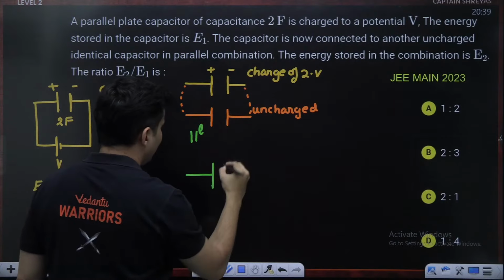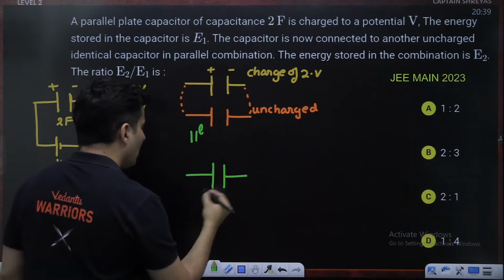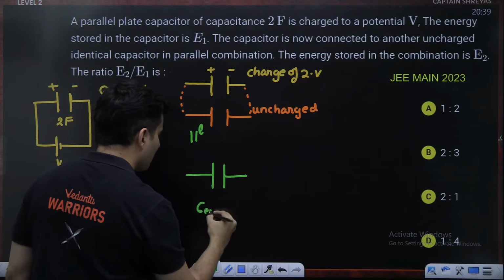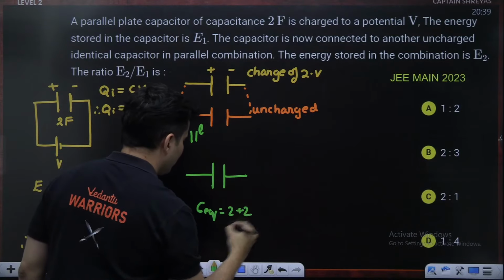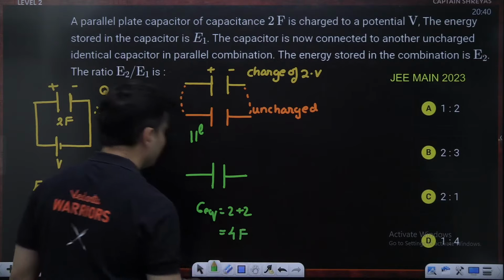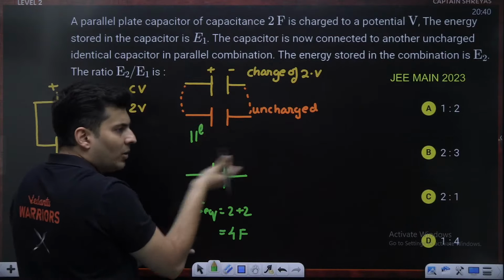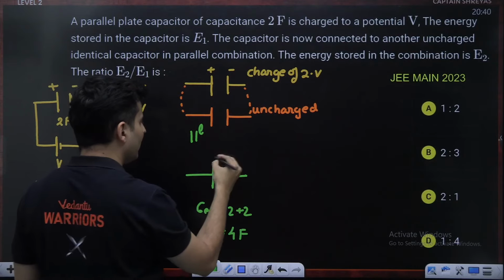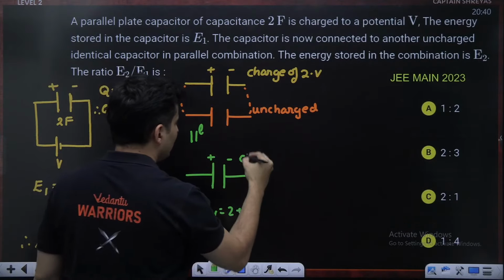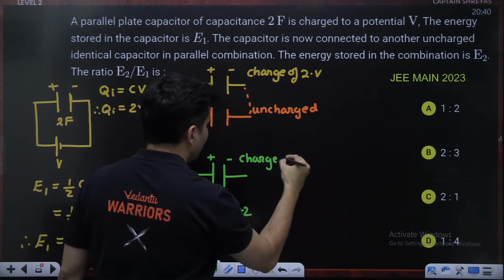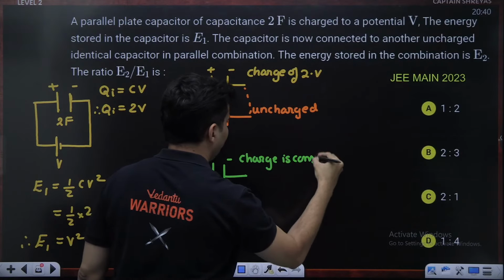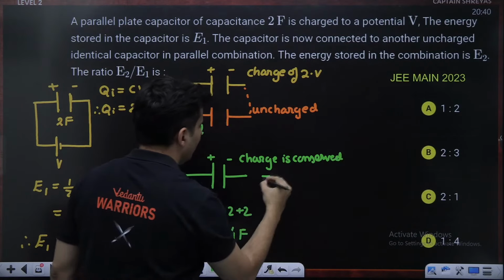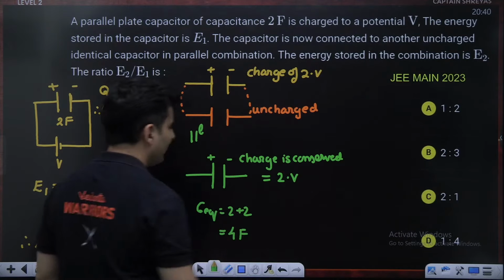So I can treat it like one single capacitance of 2 plus 2, which is basically 4 farads. And this charge will stay there, it will just redistribute. That's okay. But the total charge will remain the same. So you will see the charge is conserved and that will still be equal to 2 times V.